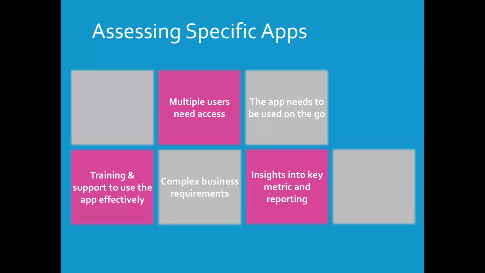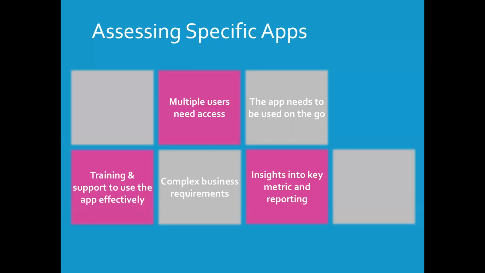And what's quite important in picking any app is the need to have insights into key reporting metrics and key performance indicators. So again, when we're assessing these apps, does the app have a dashboard showing the key metrics? Is the dashboard customizable?